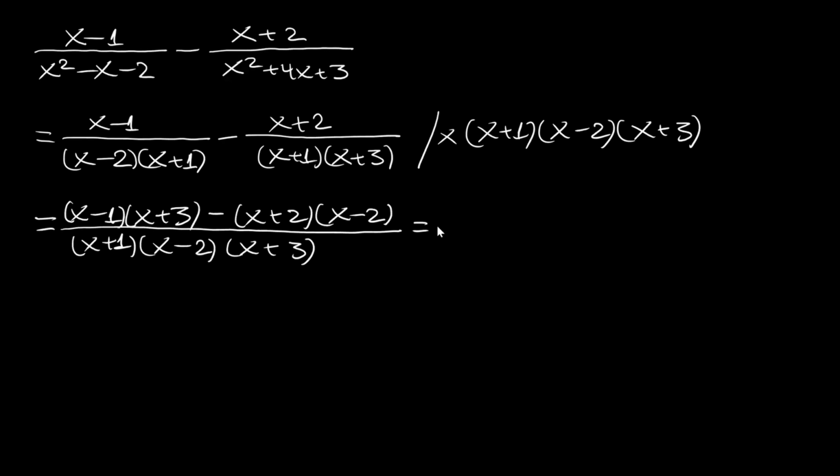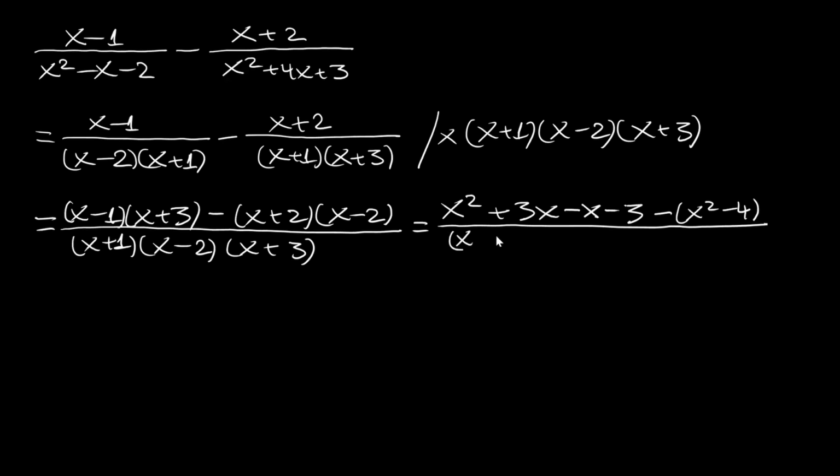Or we have, here we have x squared plus 3x minus x minus 3 minus, and here x plus 2 times x minus 2, I'll write it as x squared minus 4. And in the denominator, nothing changes.